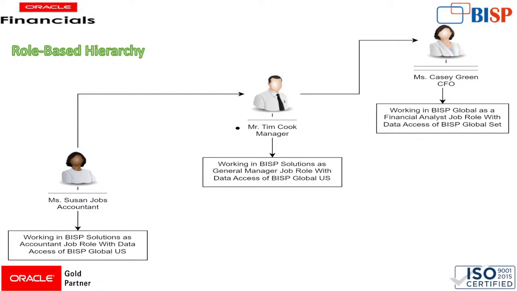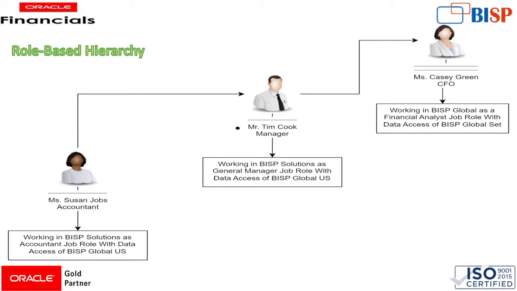Tim Cook is the manager working in BISP Solution as a general manager job role with the data access of BISP Group US, and Ms. Casey Green is a CFO working in BISP Global as a financial analyst job role with data access of the BISP Global set, right? So she has access to the global set.